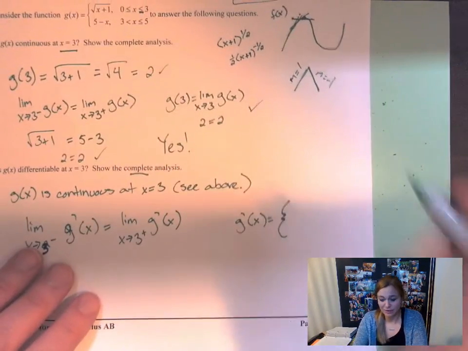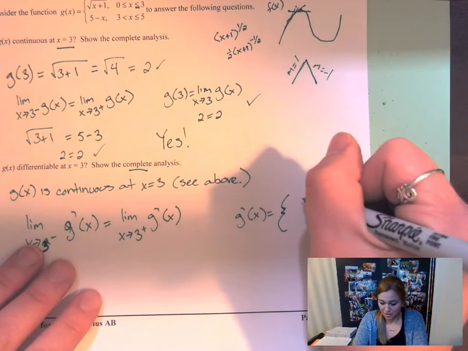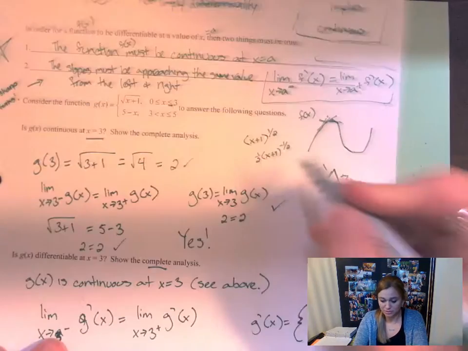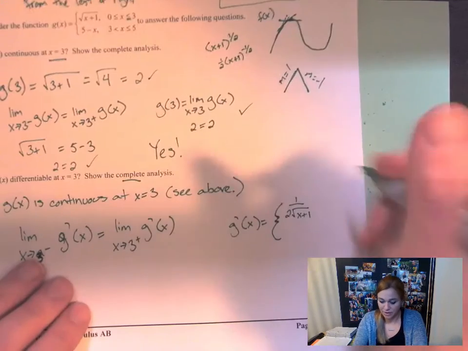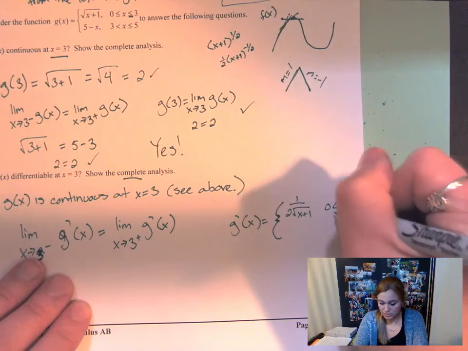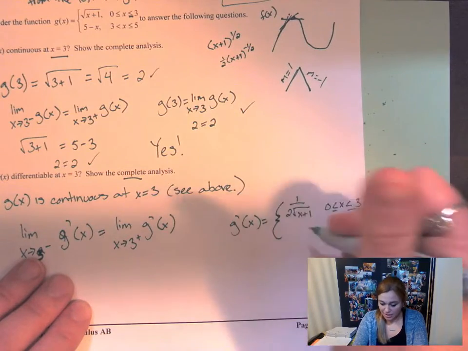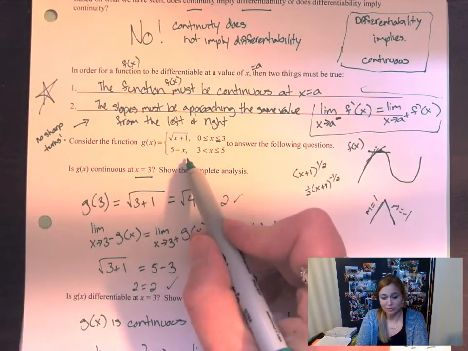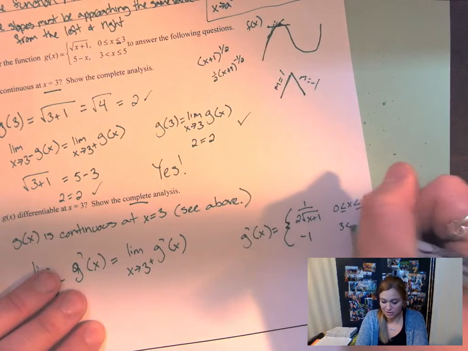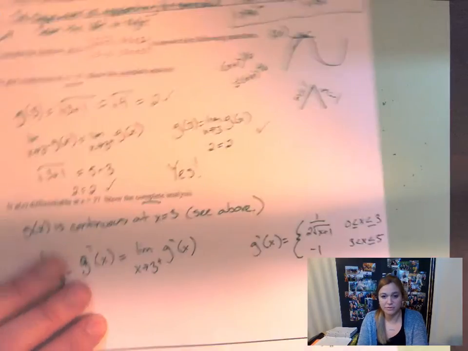So if I rewrote this down here, I would get 1 over 2 square root of x plus 1, because I rewrote this business. It's still going to be on the same interval from 0 to 3. For 5 minus x, the derivative of 5 minus x is negative 1. And this is still from 3 to 5.